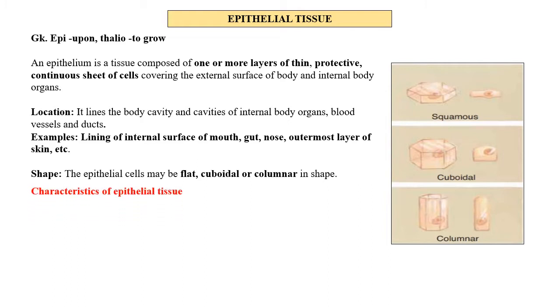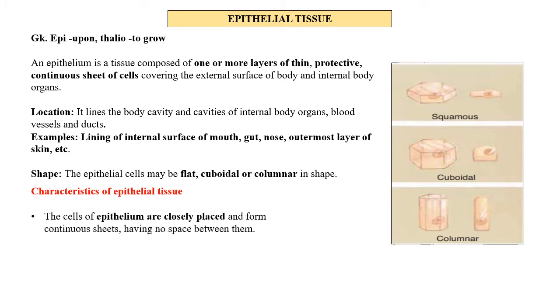Characteristics of epithelial tissue: the cells of epithelium are closely placed and form continuous sheets having no space between them. Blood vessels are absent in epithelial tissue.